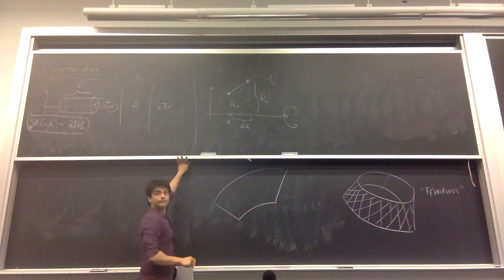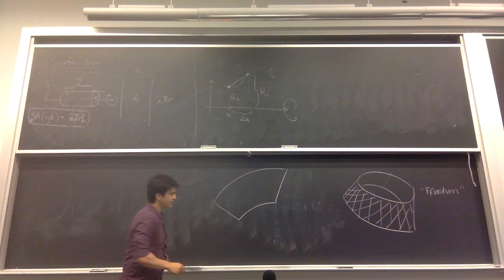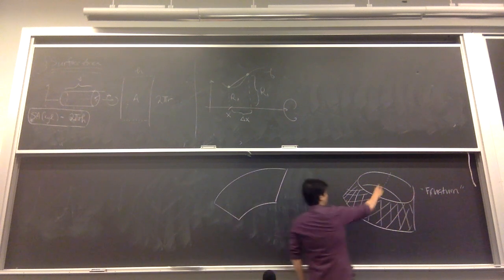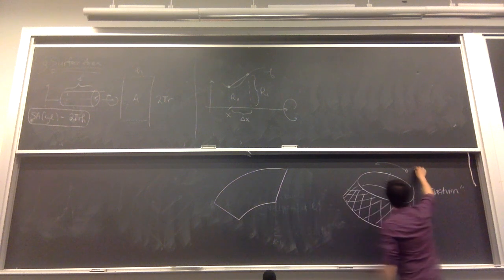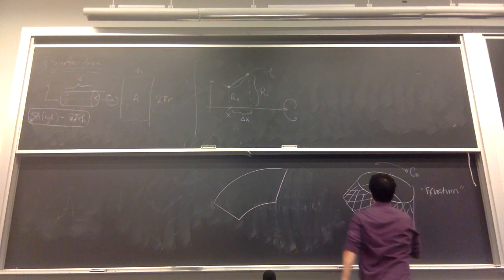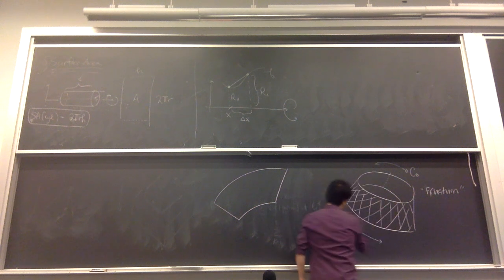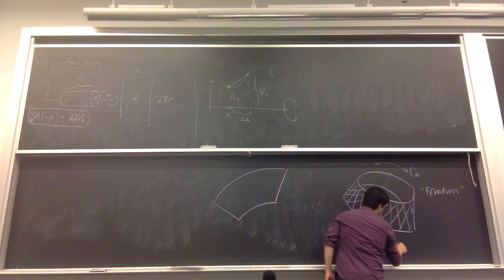Agree? Okay, so now we have to figure out the dimensions of this thing. We have a circumference here, let's call that the circumference at 0. We have a bigger circumference out here, this is the circumference at 1.